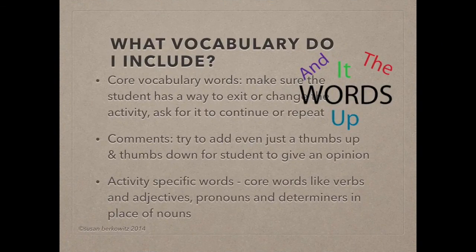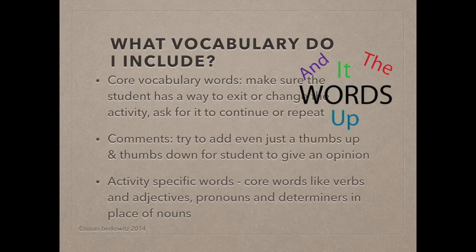If you're creating an activity-based communication board for a user, you want to make sure that there is some core vocabulary included, particularly words for leaving the activity such as stop and different, and for continuing the activity such as more. You want there to be words for more than requesting, so have some vocabulary for commenting, even if it's just basic symbols for good and bad, such as thumbs up and thumbs down.